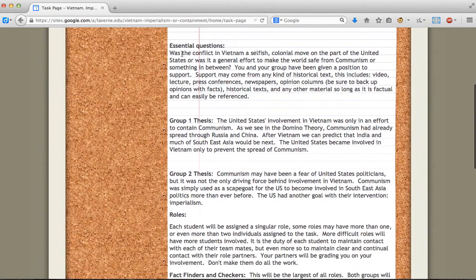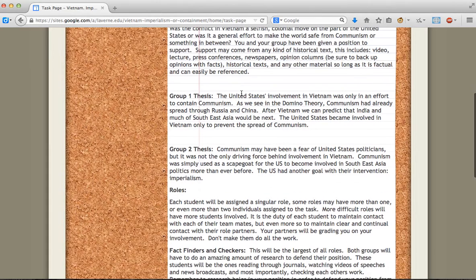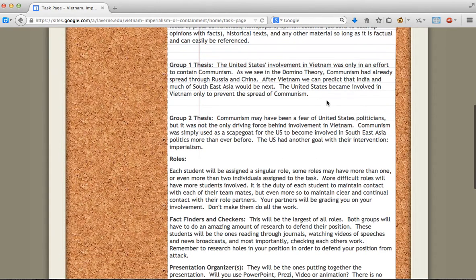The essential questions are right here. Was it a selfish colonial move, or was it to contain communism? Below that, I have the group one thesis. The whole concept of this is that the class will be split into two different groups. Group one is saying that the United States was only there to contain communism.